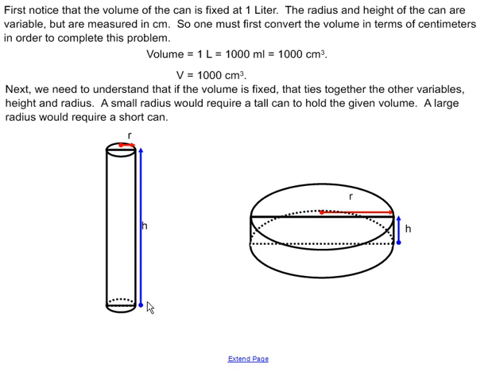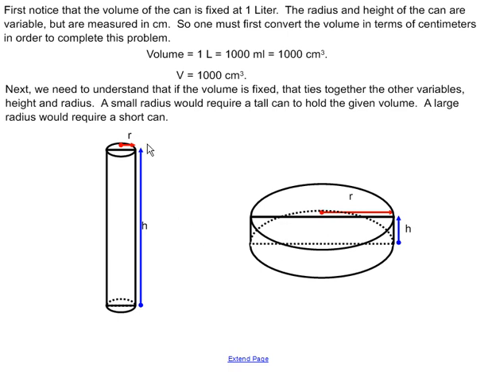So for example, the height of this can has to get really tall if I make a small radius, because that's the only way I'm going to fit all 1,000 cubic centimeters into the cylinder. On the other hand, if I choose a large value for the radius, that's going to make a very large disk, and it's not going to require as much height for that can to hold the same amount of stuff.